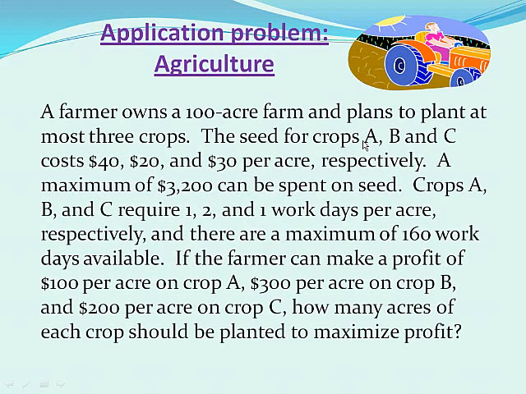Crops A, B, and C require 1, 2, and 1 workdays per acre respectively, and there are a maximum of 160 workdays available. If the farmer can make a profit of $100 per acre on crop A, $300 per acre on crop B, and $200 per acre on crop C, how many acres of each crop should be planted to maximize the profit?